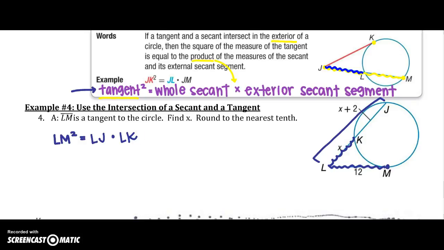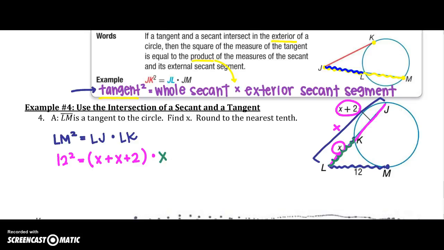Alright, so let's fill in the blanks. LM is 12 squared equals, well, LJ is x plus 2, times, and then my exterior portion would be LK, which would be x.